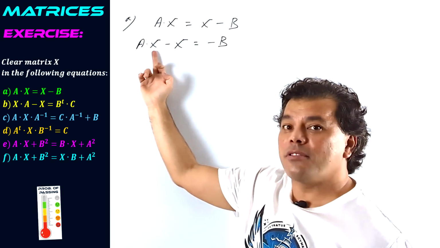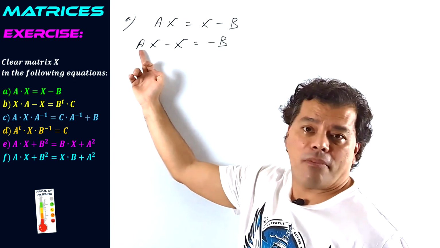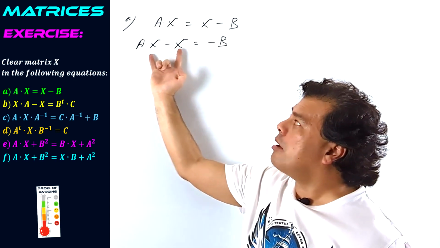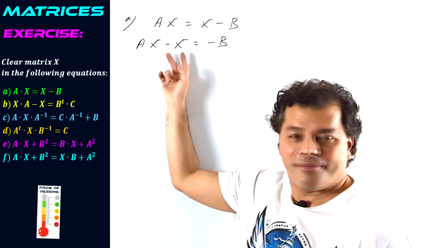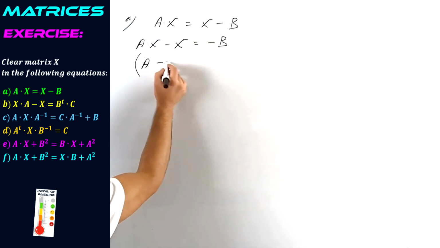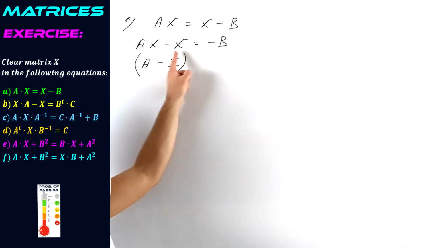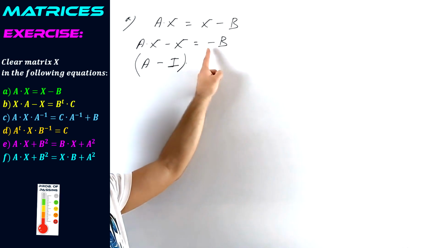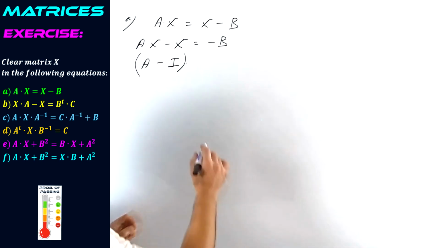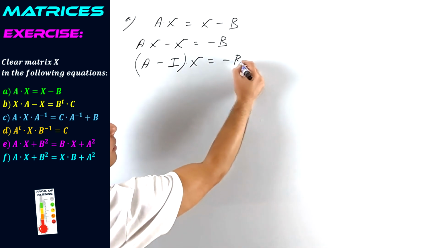It is very important to consider that as matrix x is at the right of matrix A, we can take its common factor to the right. And we have A minus the identity matrix. Don't forget that when we are taking x common factor, we will have the identity matrix equals negative b.